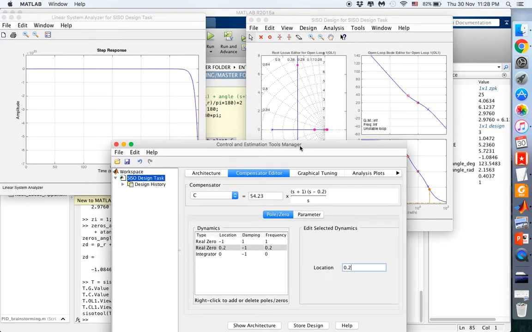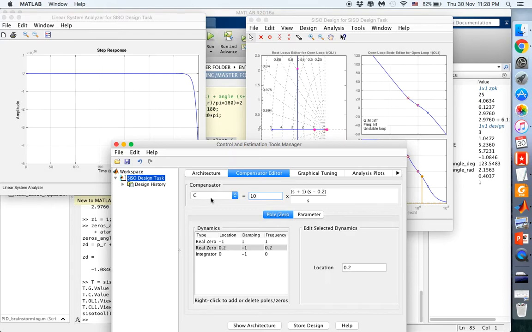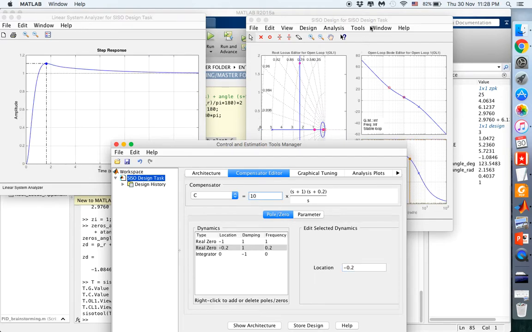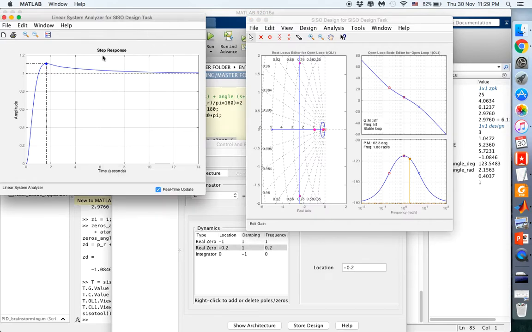Now our K is too big, let's say 10. Oh sorry, it should be -0.2. Okay, now we have 11% overshoot at time 1.64.